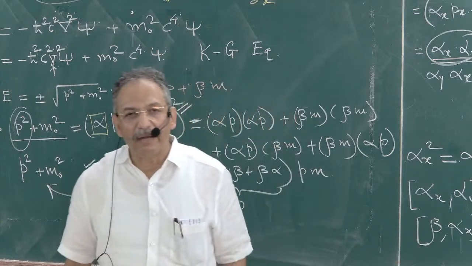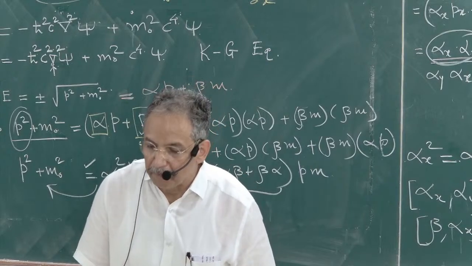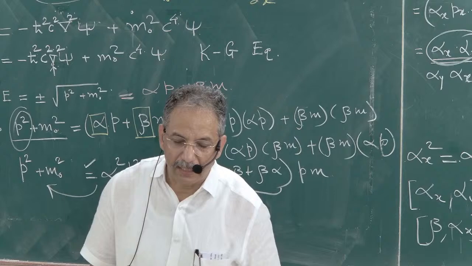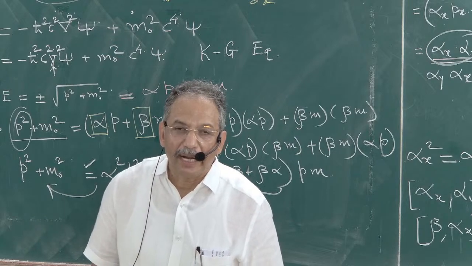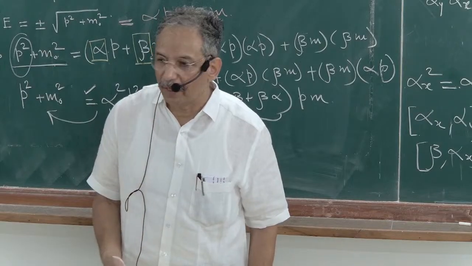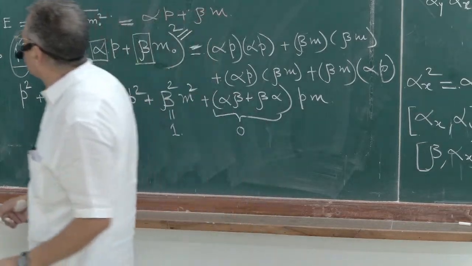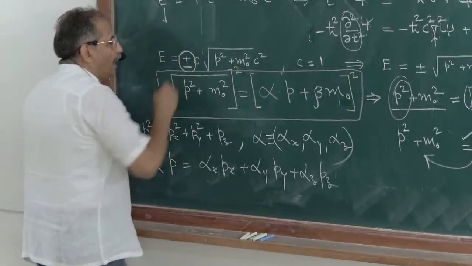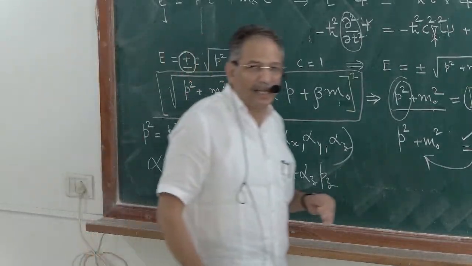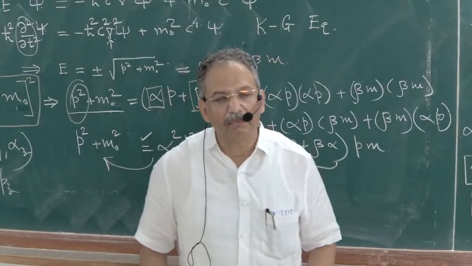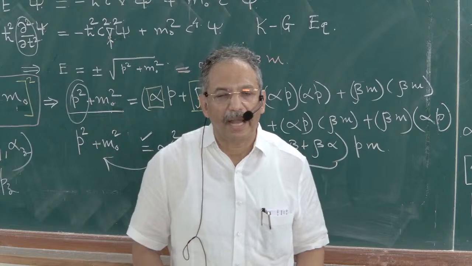And the most interesting thing is that these requirements intrinsically represent spin of the electron. That is the beauty. And one more thing is that here we have encountered with plus and minus sign. So plus sign indicates matter and minus sign indicates antimatter.